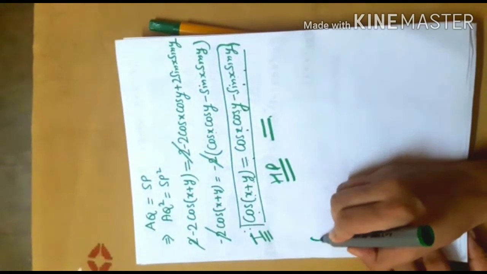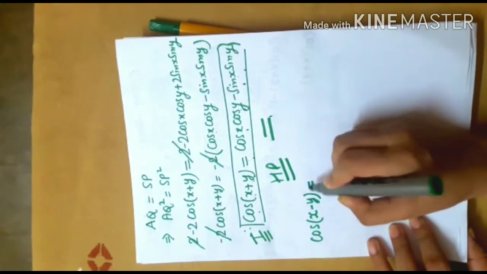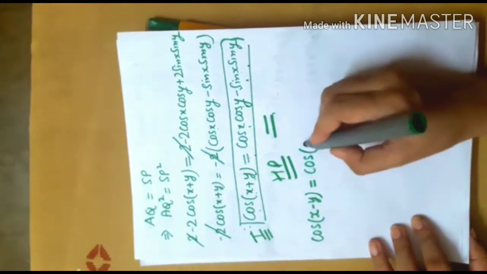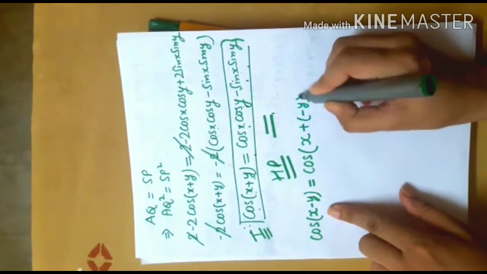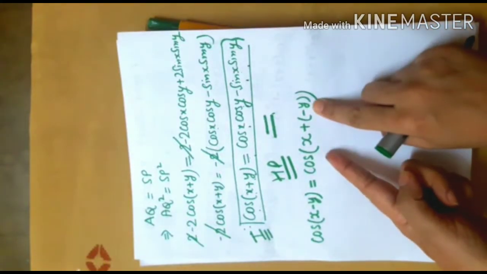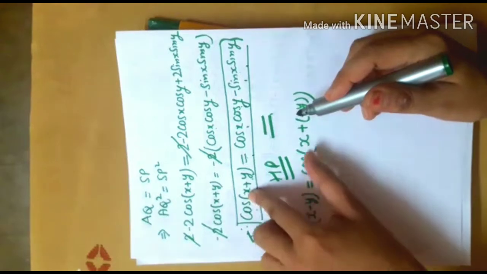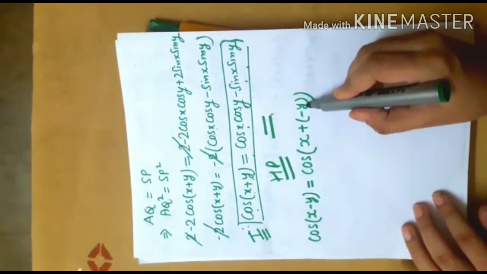Now, suppose I have to find out the expression for cos(x minus y). I can write this as cos(x plus minus y), right? Now this form is same as this. Role of y is being played by negative y.